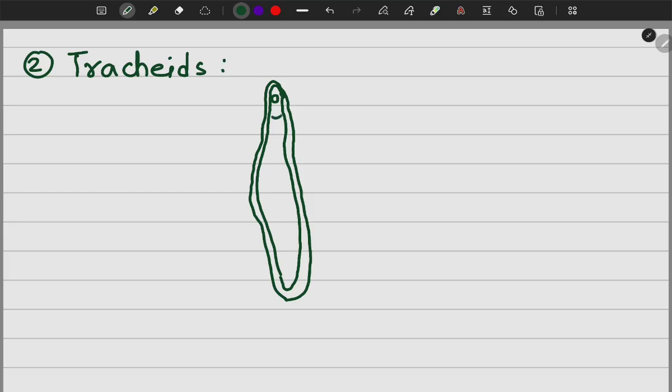It will also have perforations so that water can pass from one tracheid to another. And the cell wall is highly lignified, very thick, because it is a dead cell. Since it is a dead cell, protoplasm will be absent, and this will also help in the mechanical support of the plant, since it is found in xylem, and we studied that xylem helps in the mechanical support too.